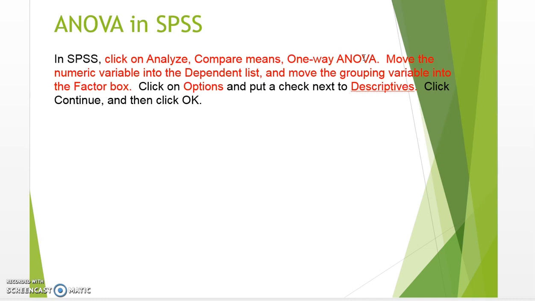When choosing the variables, we move the numerical variables into the dependent list because that's what you're comparing, and move the grouping variable into the factor box. We also need to choose Options and put a check next to Descriptives, which gives us some information on the descriptive stats, then click Continue and hit OK.